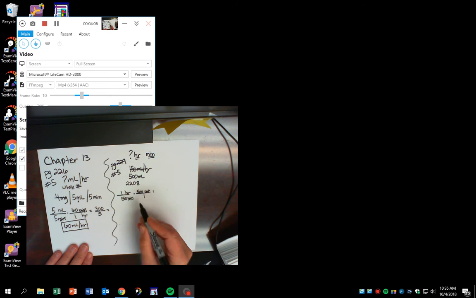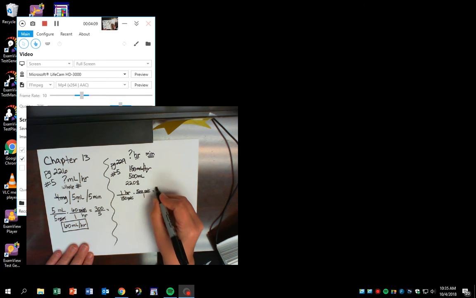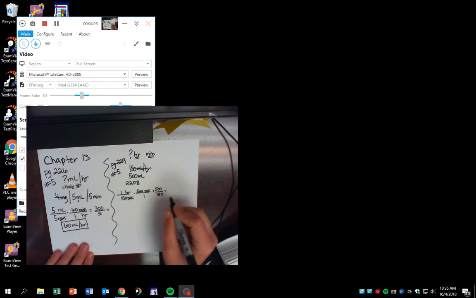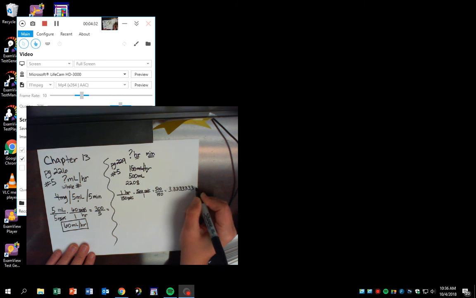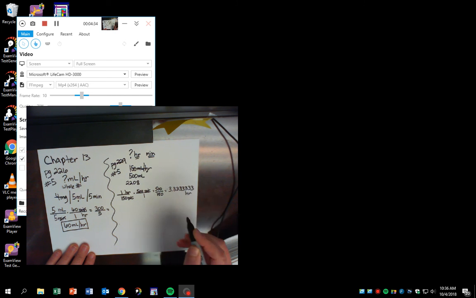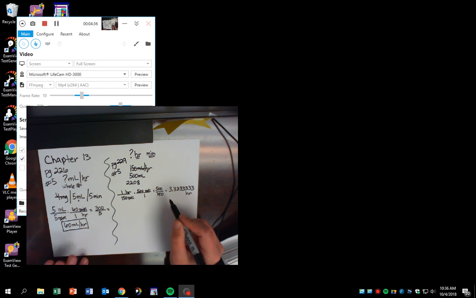Our milliliters would cancel out, so that leaves us 1 times 500 over 150. So 500 divided by 150 gives us 3.3333333, repeating obviously, hours.